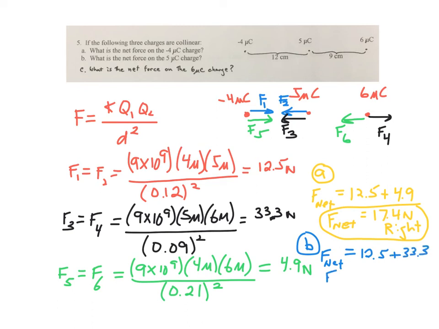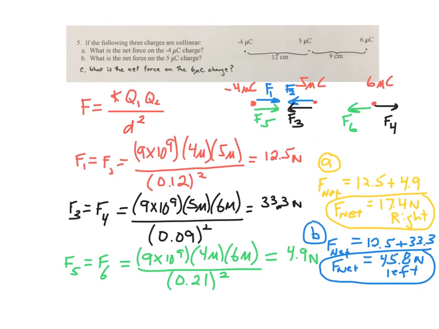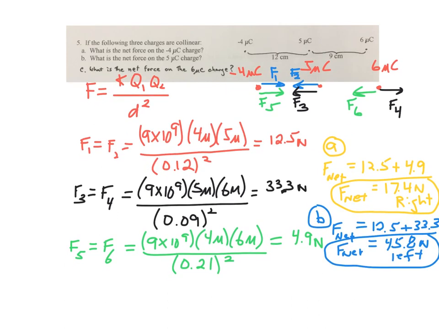So F net equals 45.8 newtons to the left, because both those vector arrows are pointing to the left. All right, I have one more here.